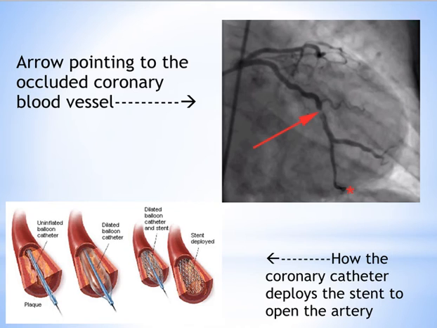So we want to open up that area to make sure there's adequate blood flow. And we can do that with a balloon, or we can do that with a stent, or we can do kind of a rotor rooter to get that plaque out.